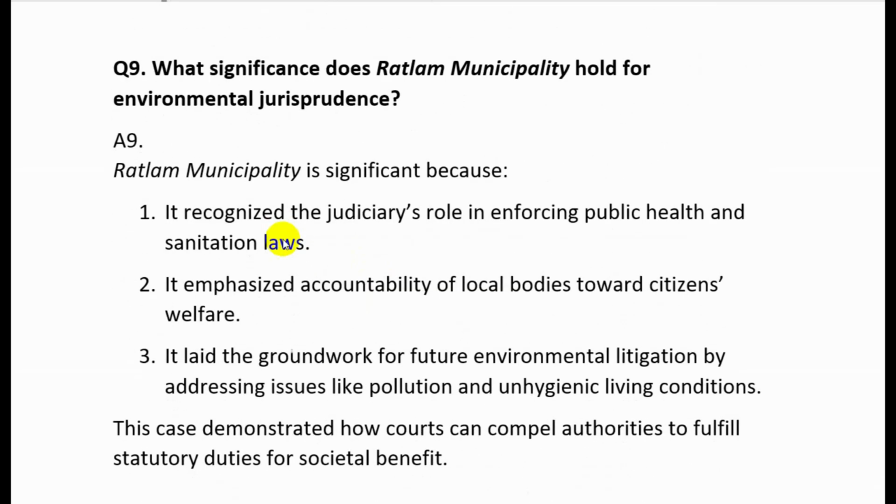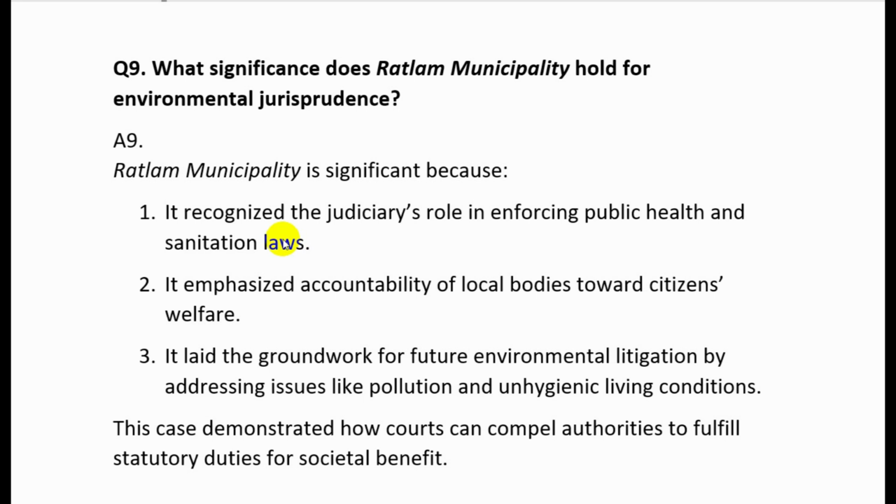Next, what significance does Ratlam municipality hold for environmental jurisprudence? Ratlam municipality versus Vardi Chand is significant because first, it recognized the judiciary's role in enforcing public health and sanitation laws. Second, it emphasized accountability of local bodies towards citizens' welfare.